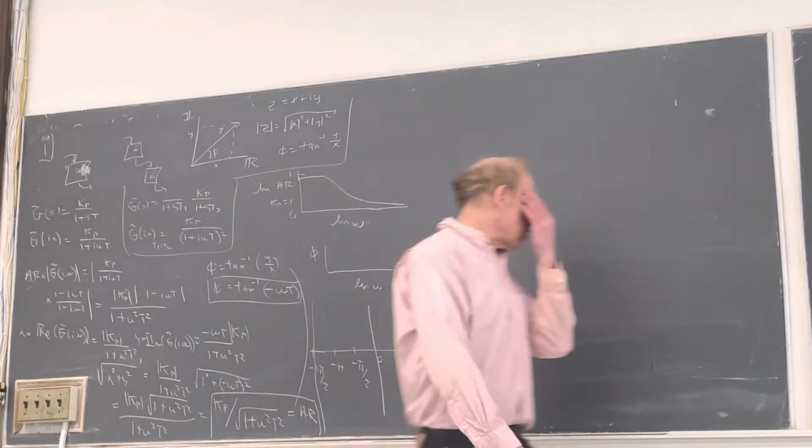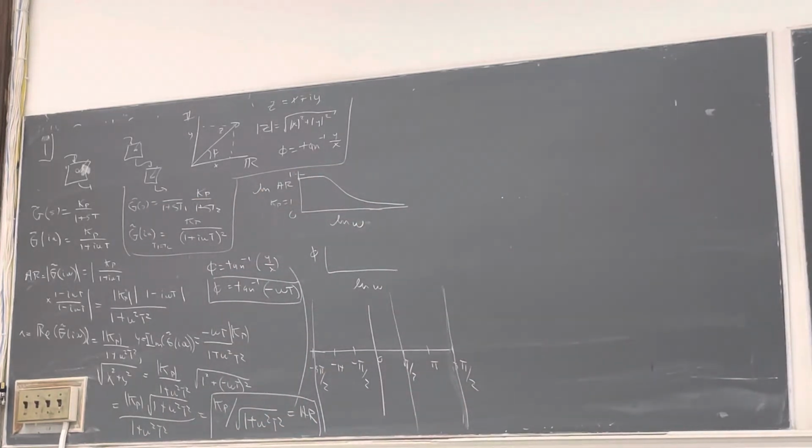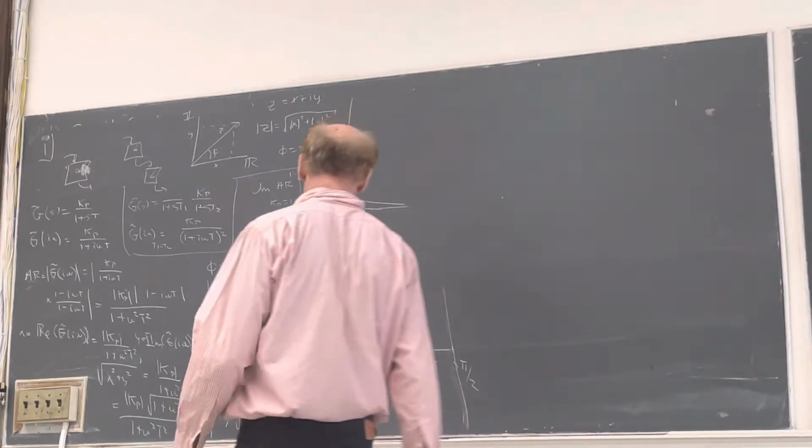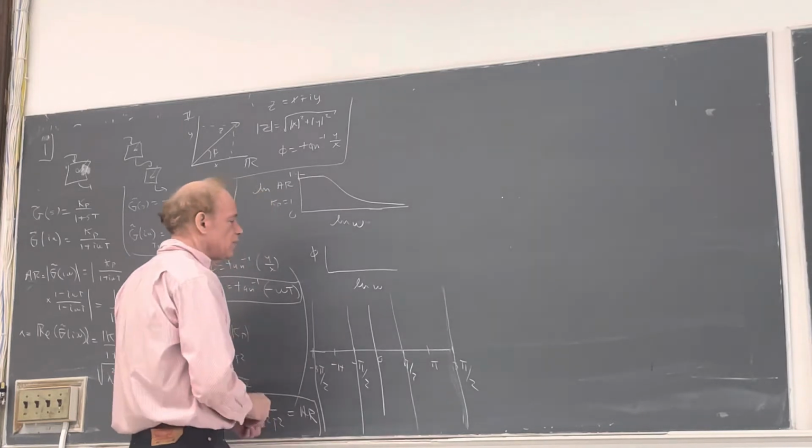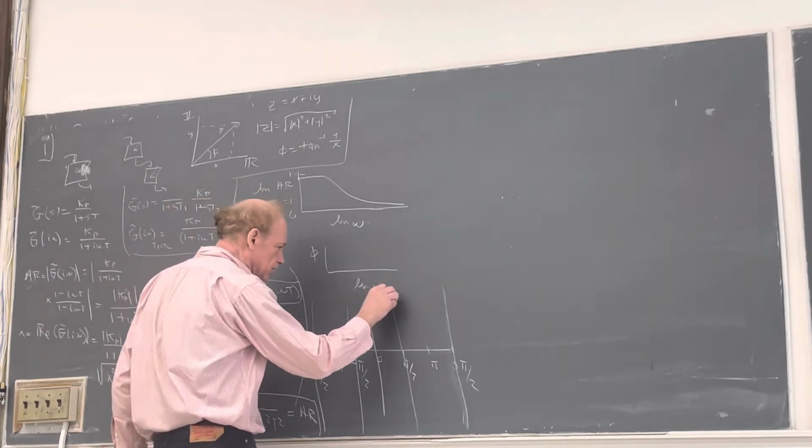And what does the arctangent look like? Let's use a different color chalk. The arctangent, as we showed last time, looks something like this.